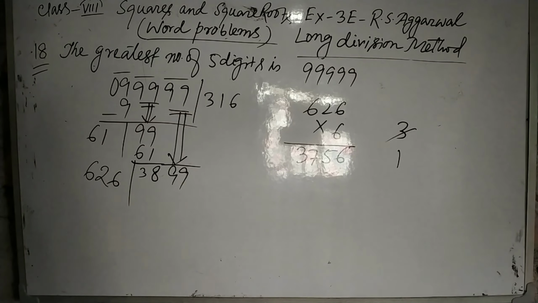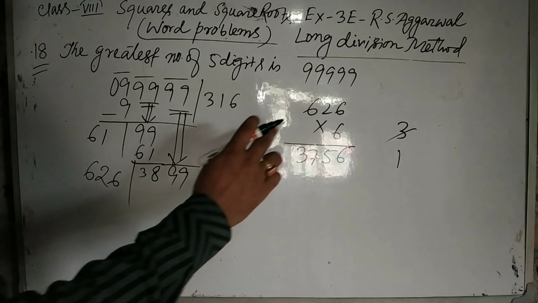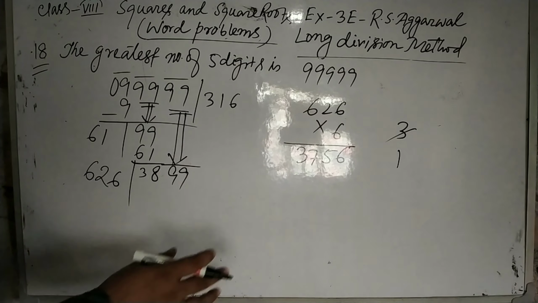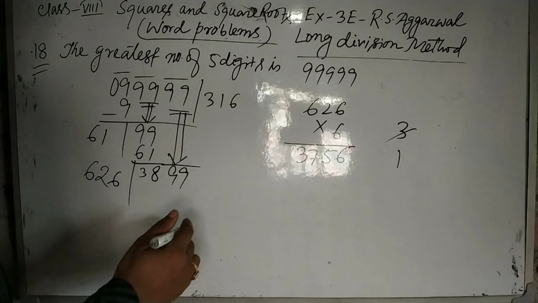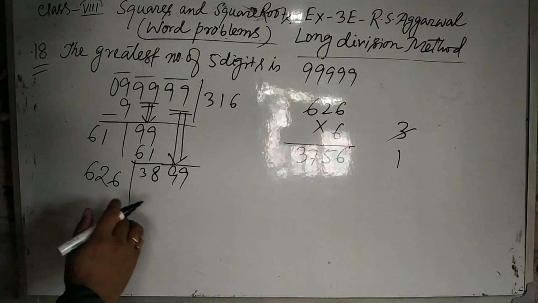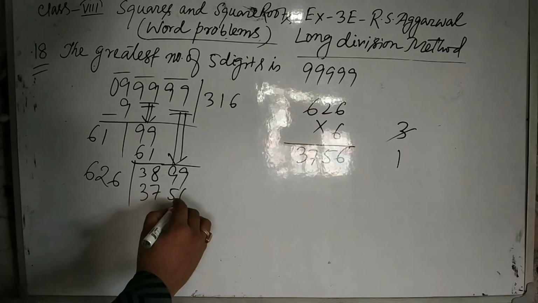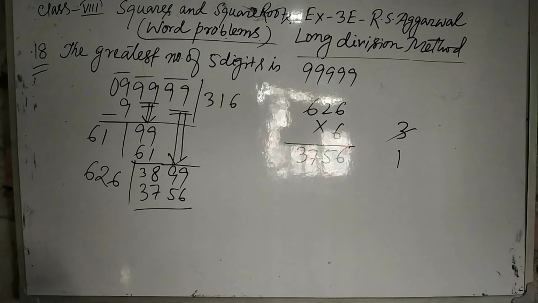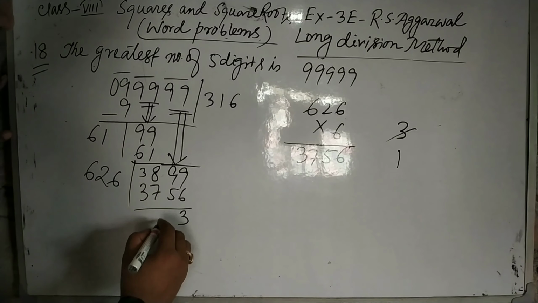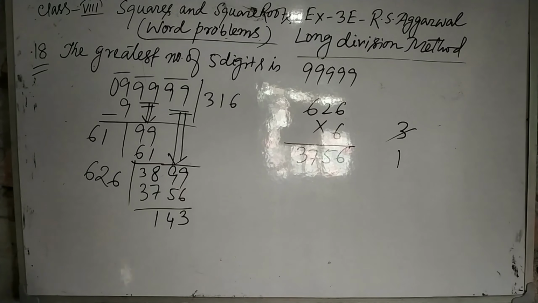You can also check by taking 7 and 7, that is 627 into 7, but this will be your answer. That is, you have to take 6 and 6. 3756. Subtract. This is 3, this is 4, and this is 1.